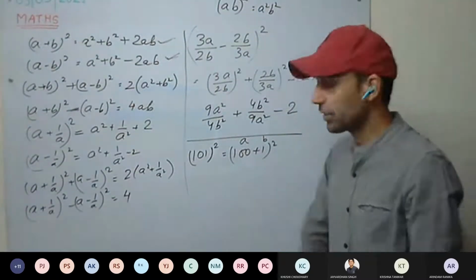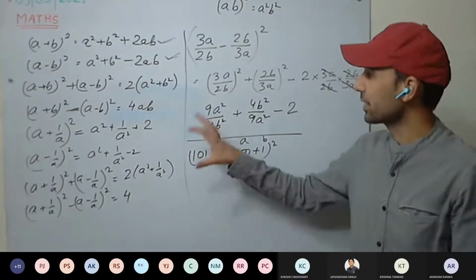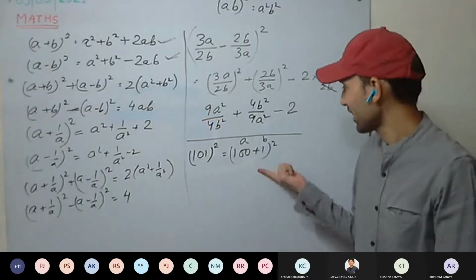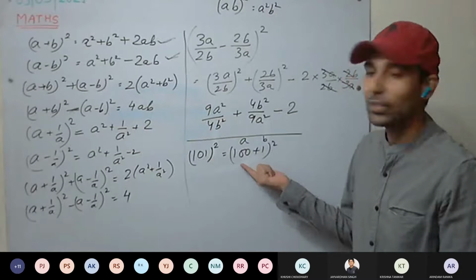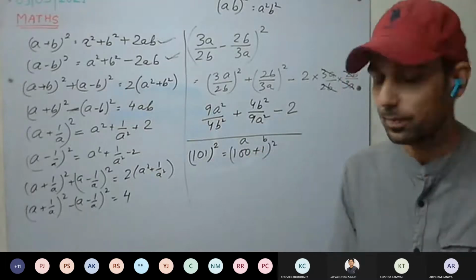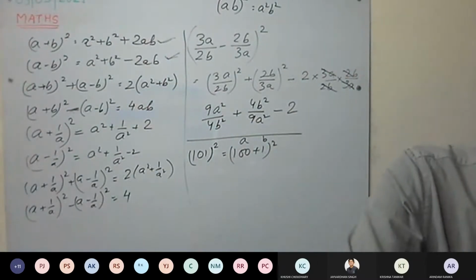This chapter is very, very easy. Some identities you have to remember and with a click you can solve. So solve it. Everyone solve this one.